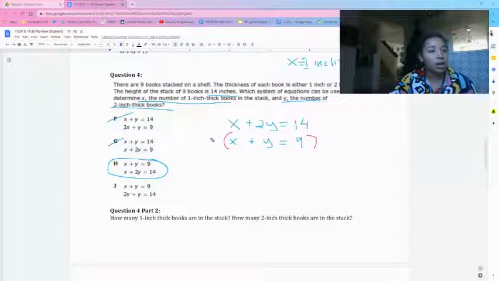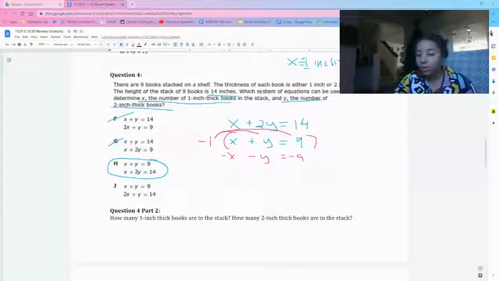So what I'm going to do here is I'm going to multiply everything by -1 because I want to cancel out my x's first. Okay. So this would be -x minus y equals -9.